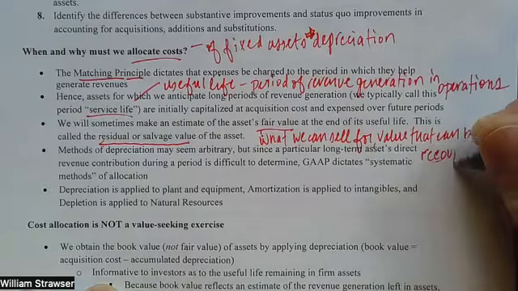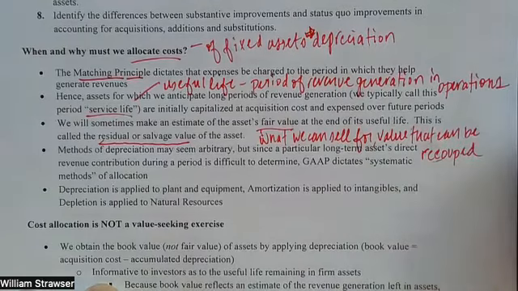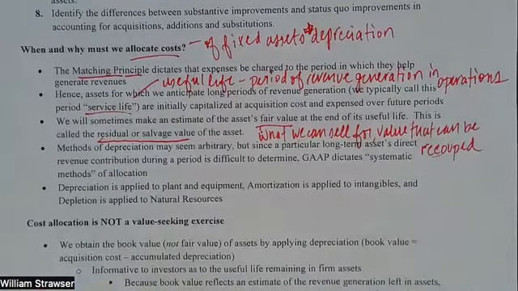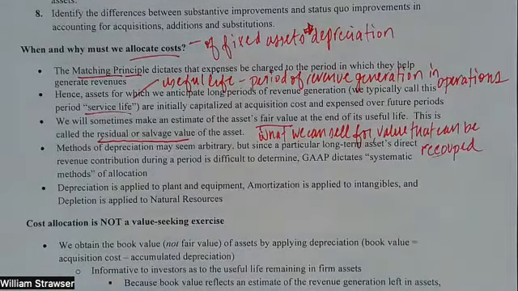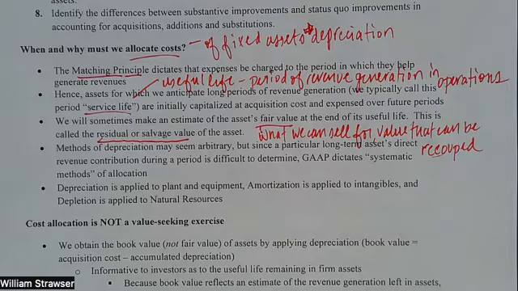So I might have bought it 10 years ago at $1 million, but at the end of its service life, 10 years, maybe I'll be able to sell it for 100,000, and then I can recoup 10% of my initial expenditure, right? 100,000 of $1 million. So that's just what salvage value is.